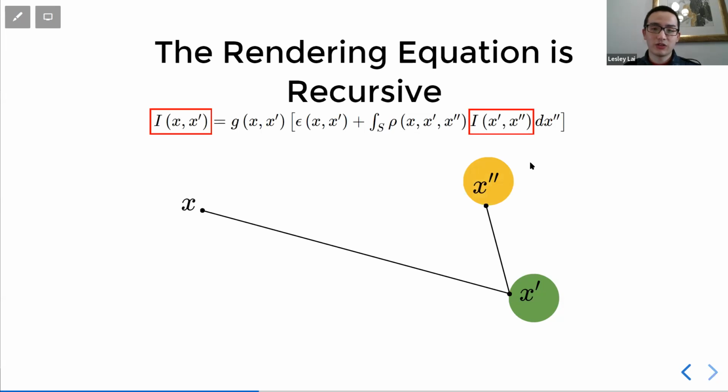And also the rendering equation is recursive. This scattering term is just a function that doesn't consider how much actual light intensity passed from x double prime to x prime. So we need to add another term to actually calculate the light transport from x double prime to x prime, and that's exactly our rendering equation. So we just call it recursively.